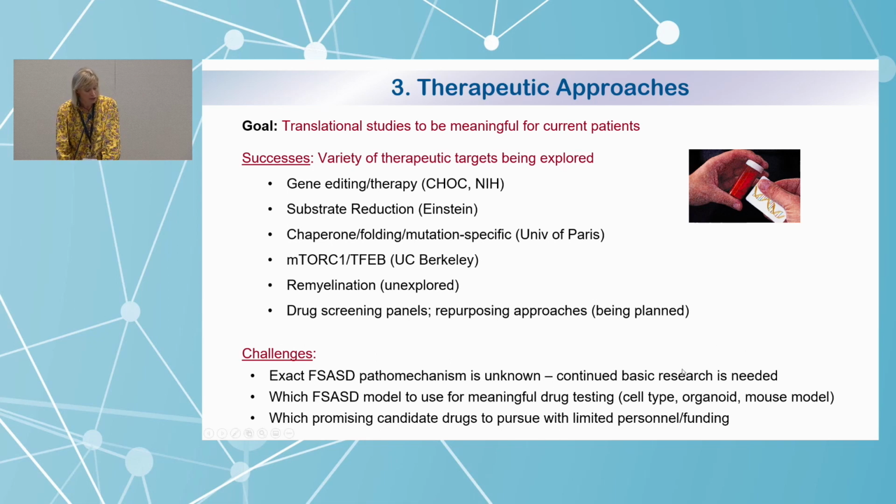So continued basic research is needed. Which model to use for meaningful drug testing? Are we testing that on cells, on organoids or mouse models? And if any of these initiatives yield a good candidate drug, how are we moving forward? Which candidate drug are we going to pursue in preclinical studies, and which models and resources are we going to use for this?